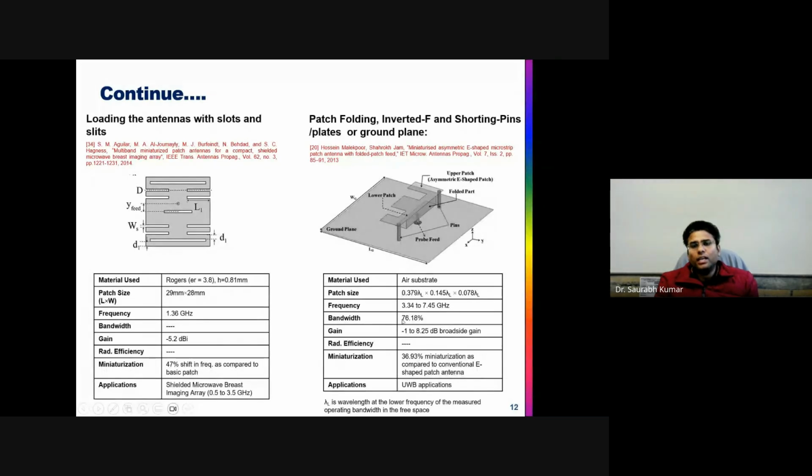The gain again has a range from -1 to 8.25 dB in the broad frequency range. This is a broadband structure because a number of resonances are created with this E shape of the geometry. 36.93% miniaturization is achieved by just the folding and shorting pin method here.